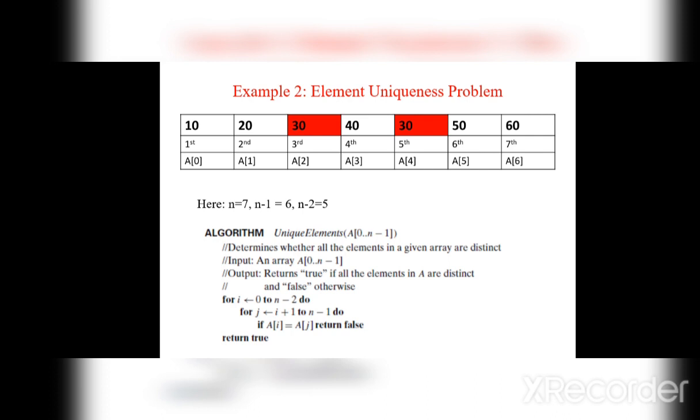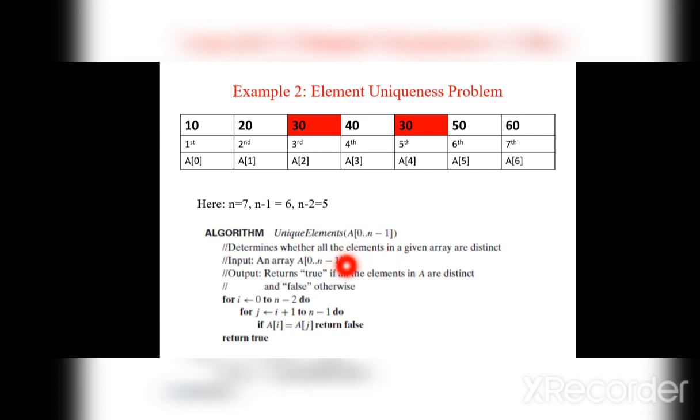In the given example we are going to use 7 elements, so n, the number of elements, is 7, so n minus 1 is 6, n minus 2 is 5. This n minus 1, n minus 2 is used to calculate the index of the array.